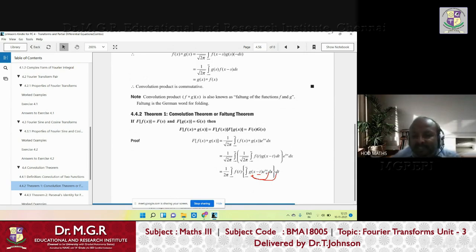E power isx is purely a function of x, so it should be inside dx. But f of t is a function of t only, so it is outside dx but inside dt.